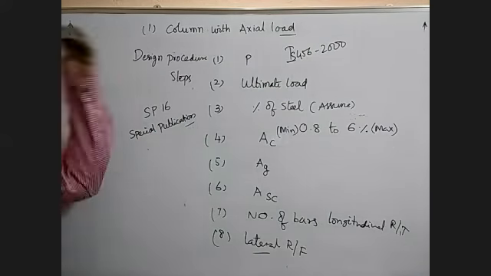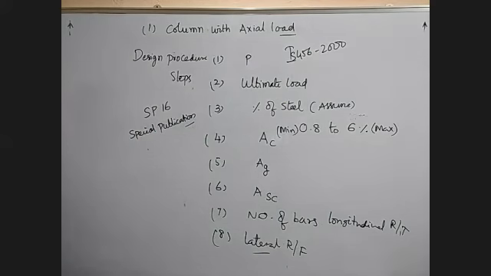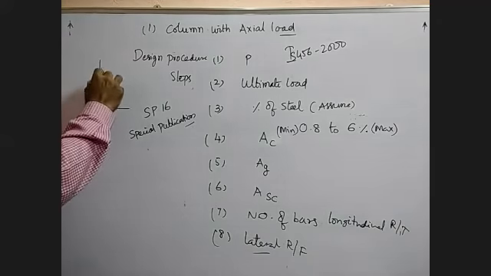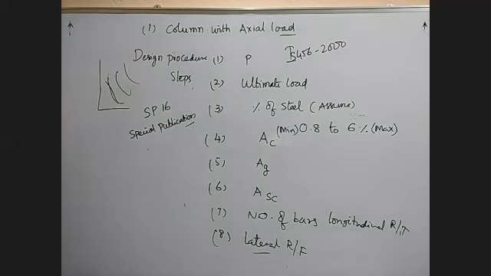Like this you have different codes for different materials. But here in SP16 you have graphs. Using these graphs we'll calculate the values here. So columns lo SP16 use cheyalsi. So these are the design procedure for the column with axial load.